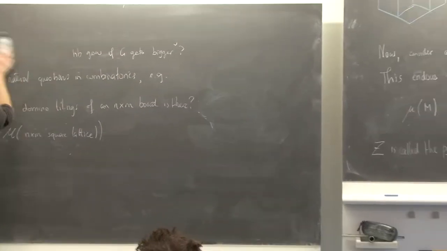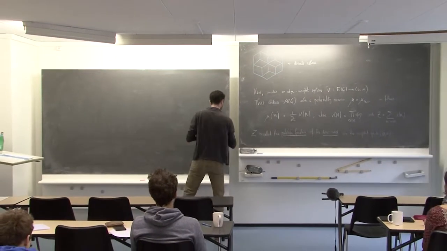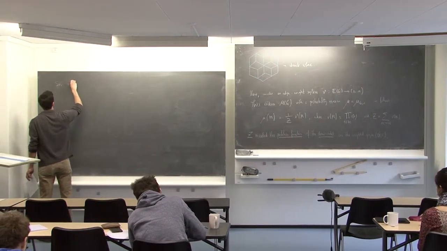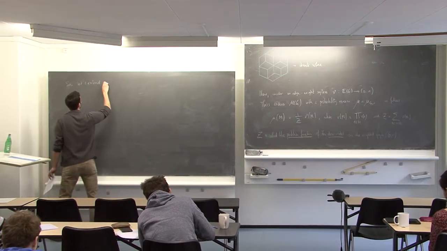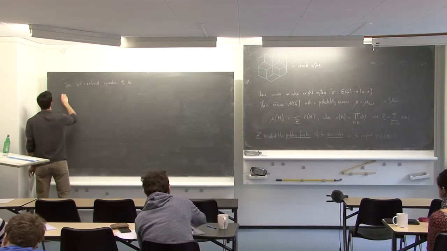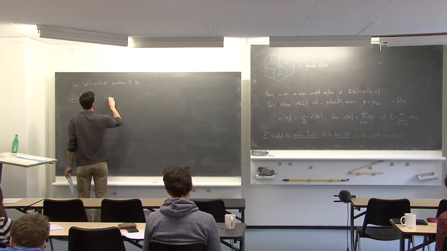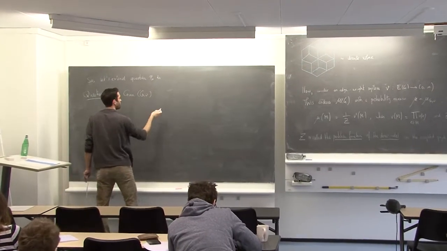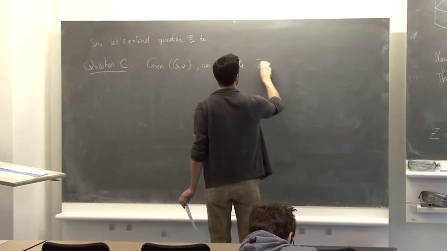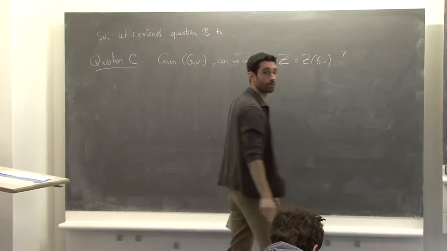Okay, so now I can generalize question B that I'm just erasing now into question C. Let's extend question B to question C. Given a finite weighted graph, can we compute the corresponding Dimer partition function?